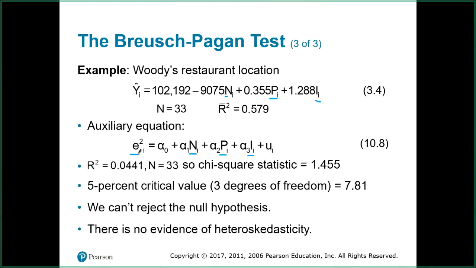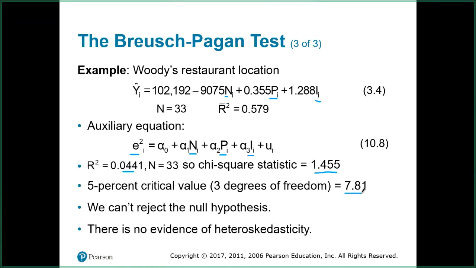In this auxiliary regression, these variables only predict 0.044% of the residual, so there's not a super strong correlation. And our chi-squared statistic is 1.4, whereas our critical value of the chi-squared statistic is 7.8.